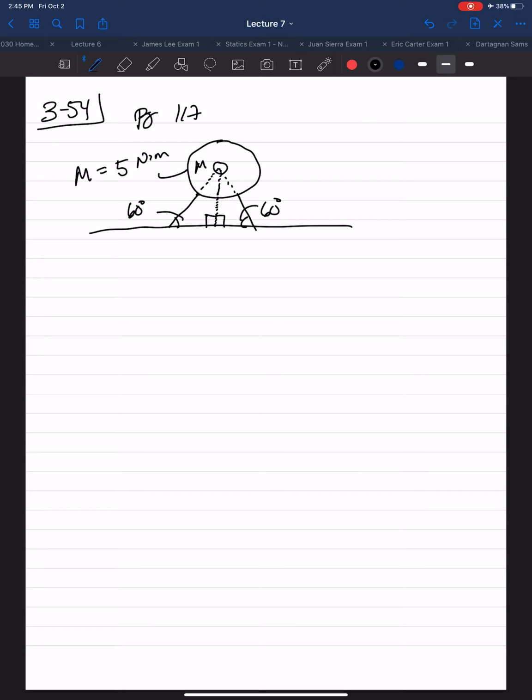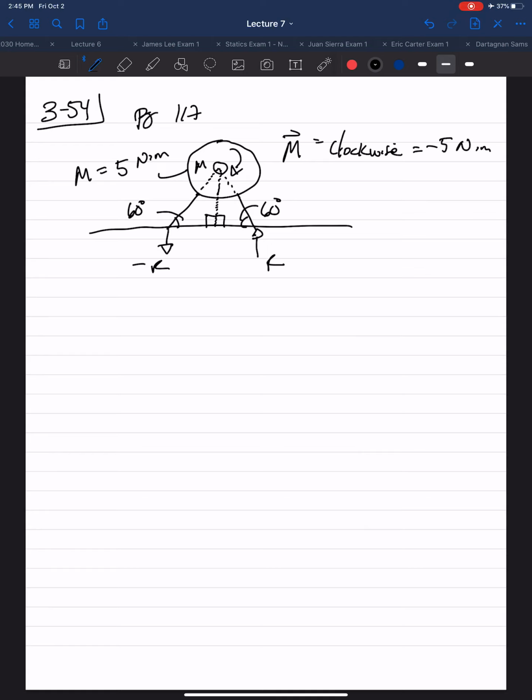We have reactive forces R and minus R. So these forces are equal in magnitude, given by the R's, opposite in direction, so they produce a couple moment. So we're given one couple moment, M, which is clockwise, and it's given as 5, so it's negative 5 Newton meters.